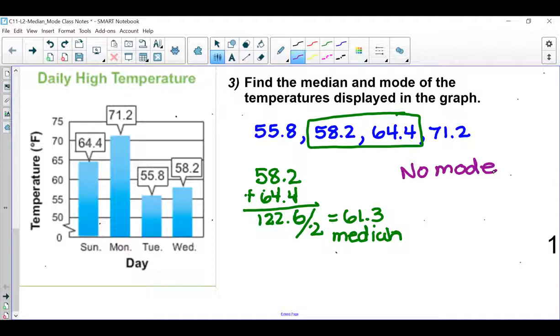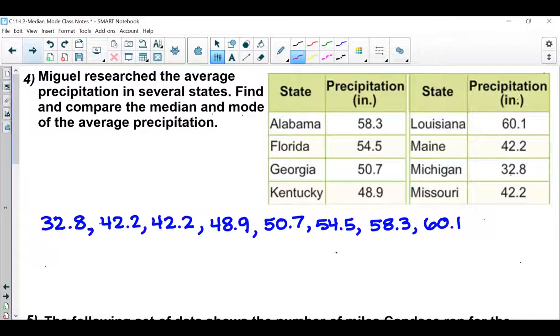All right, so now I am moving to the next example. I'm going to leave it open since there's quite a few. There's 8 numbers there. It says Miguel researched the average precipitation in several states. Now, I want you to look at this, guys. There's a little bit different here.